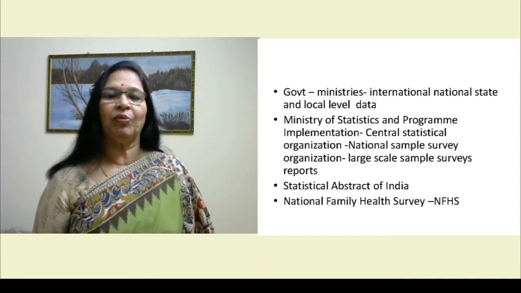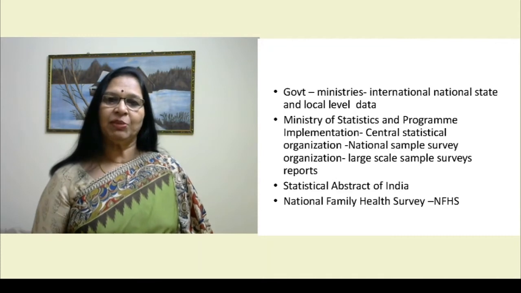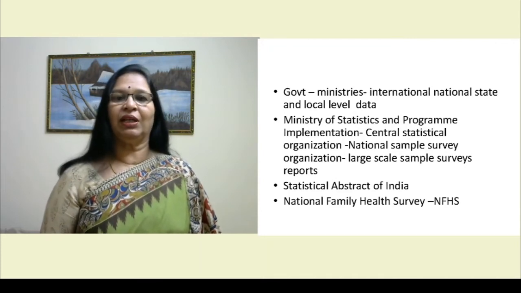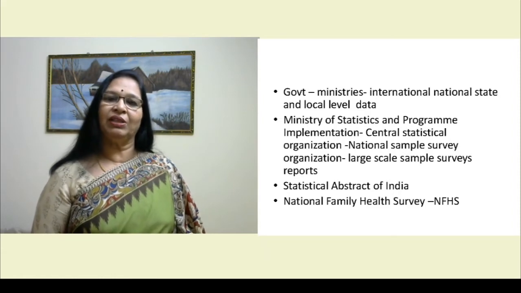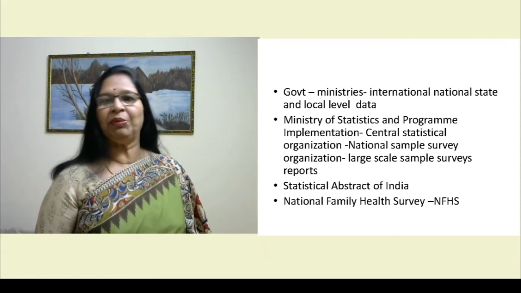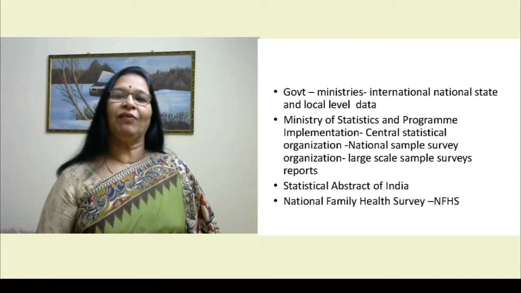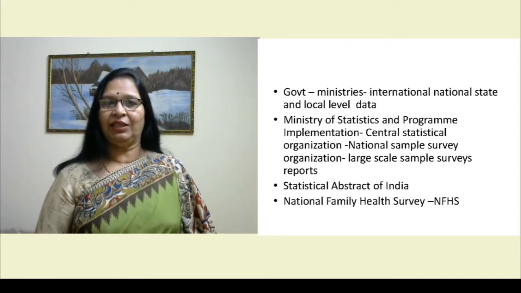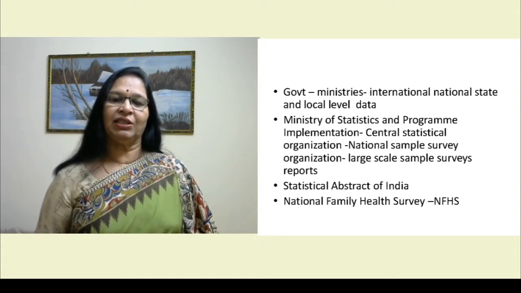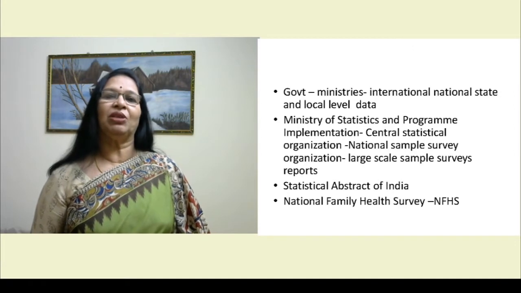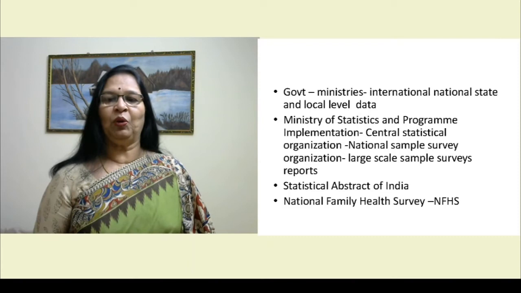At the national level, we have various ministries, such as art and culture, information and broadcasting, agriculture, labor, environment and industries, and all these ministries collect data at the national level. Similar information is also collected at the state level, and information more specific to the local area is collected at the local level.